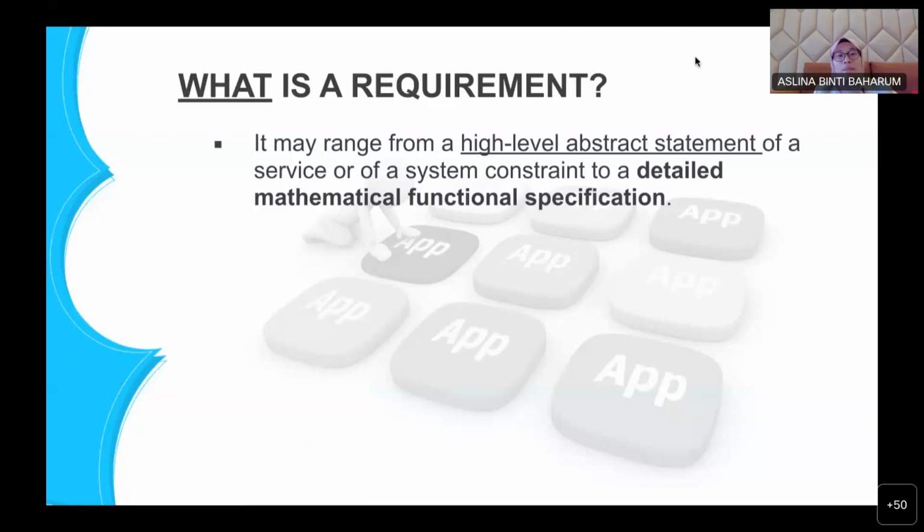It's kind of a statement actually, but putting in details, there are mathematical function specifications. Okay, actually not only mathematical function specification. It can also be in tabular form or it can be in diagram form. Okay, but generally this is the definition of requirement.